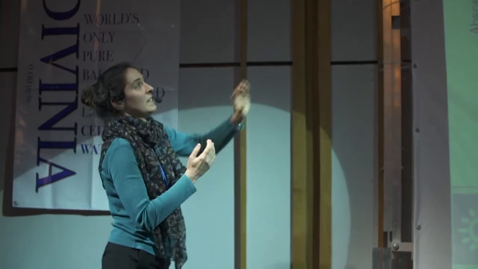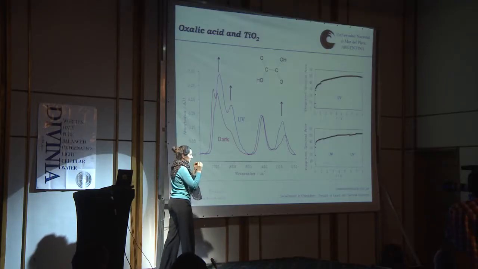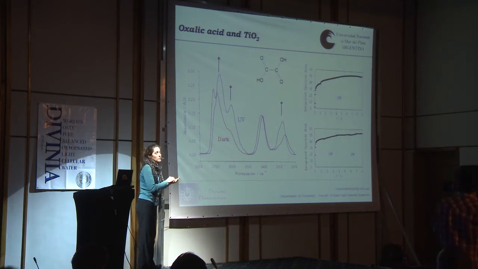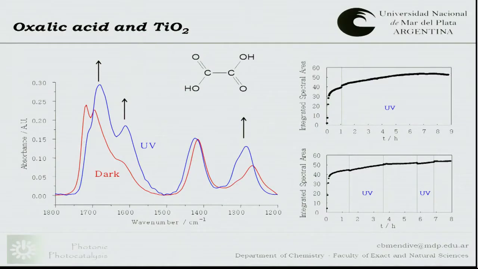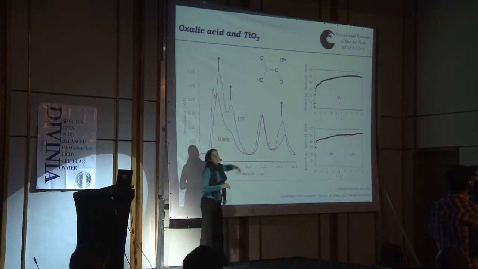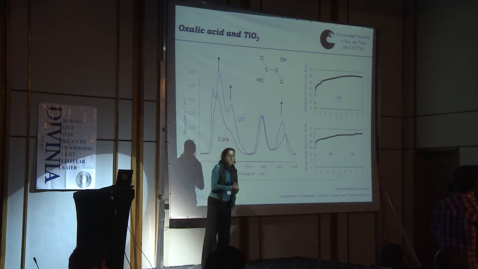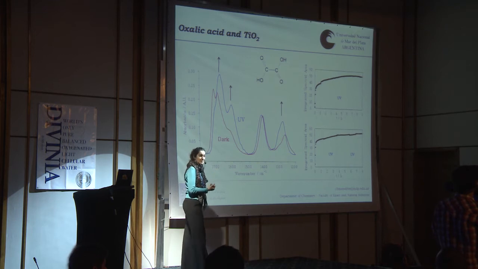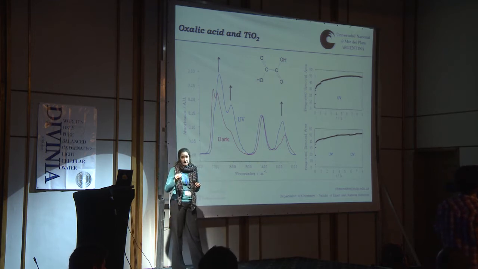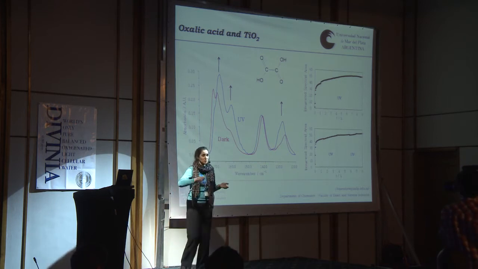For example, oxalic acid, the simplest dicarboxylic acid, adsorbed at the surface of titanium dioxide in contact with water solutions. We saw that in the dark, the spectra was this, and after 8 hours of illumination, the spectra of adsorbed oxalic acid was increasing. Not the dissolved amount of oxalic acid, otherwise it was not going to be mineralized.